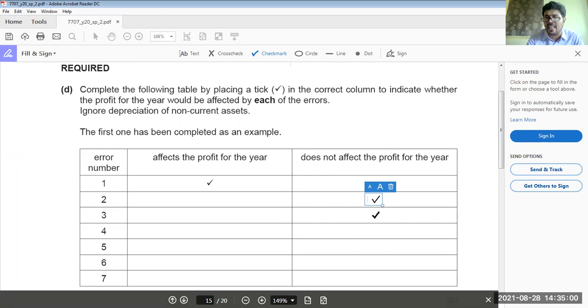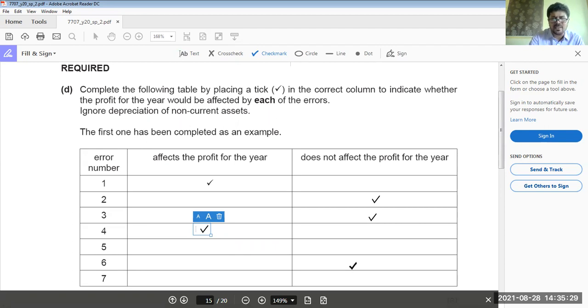It is going to affect the cash, the current asset, not the profits. Then error number 4 says repairs to motor have been debited to motor vehicle accounts. Yes, when we rectify this error, this is definitely going to affect the profit, because expense will increase after rectifying this error.